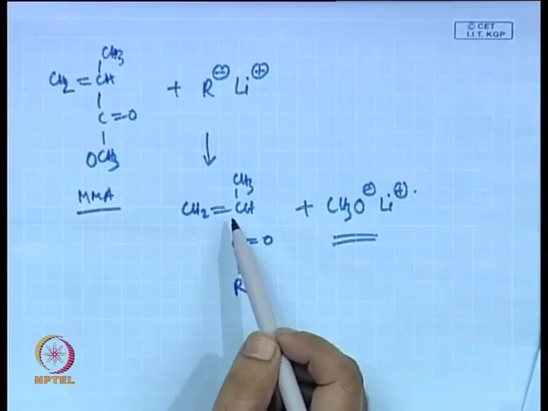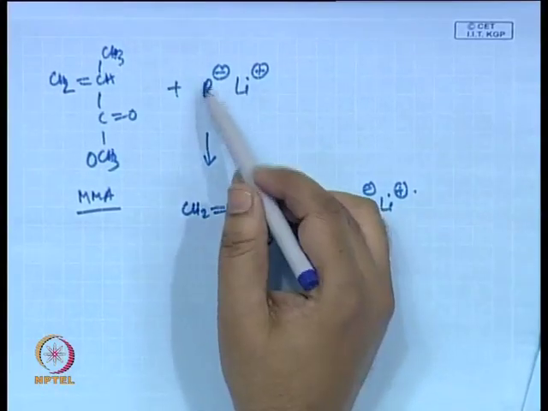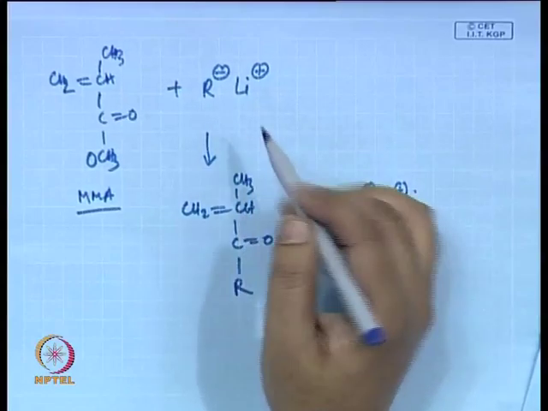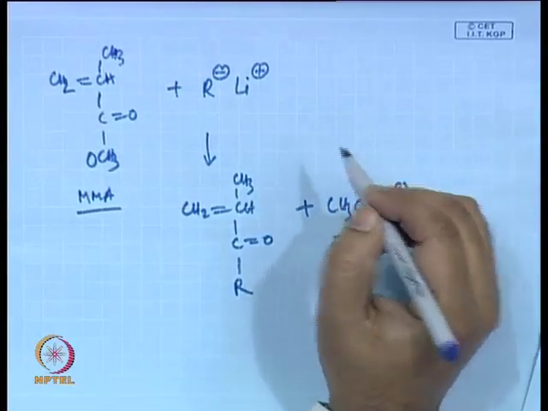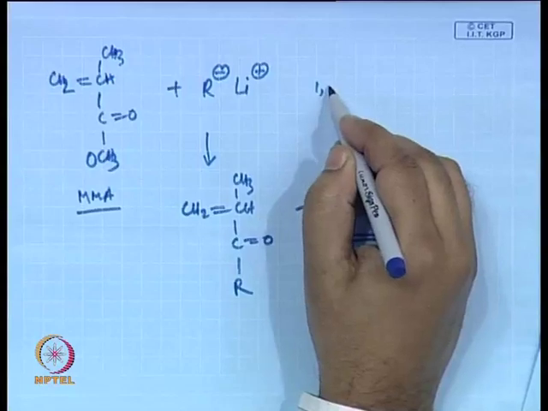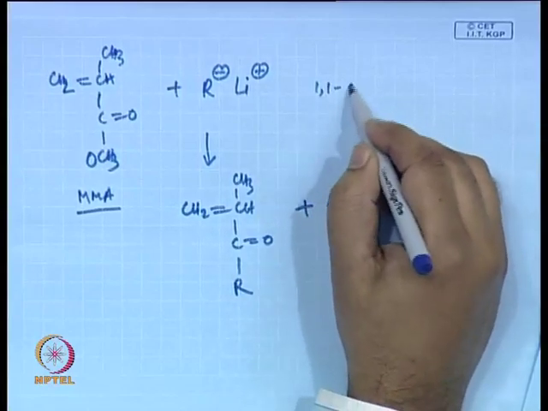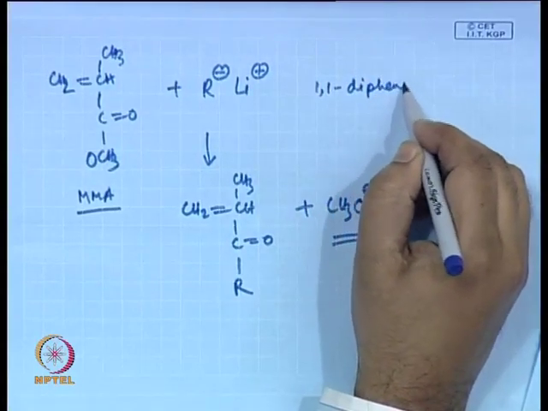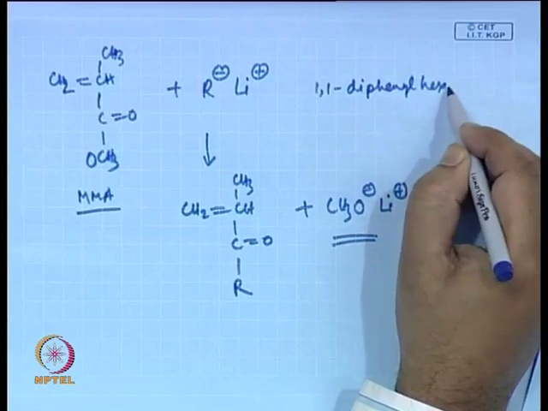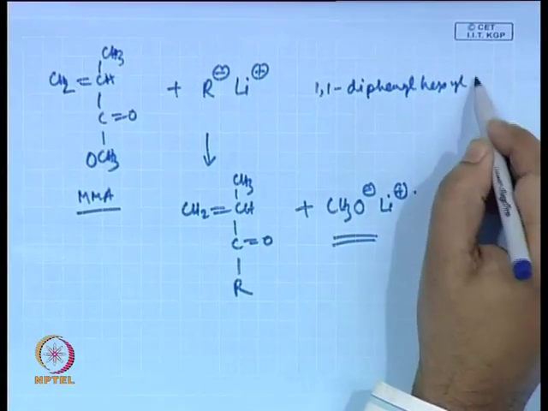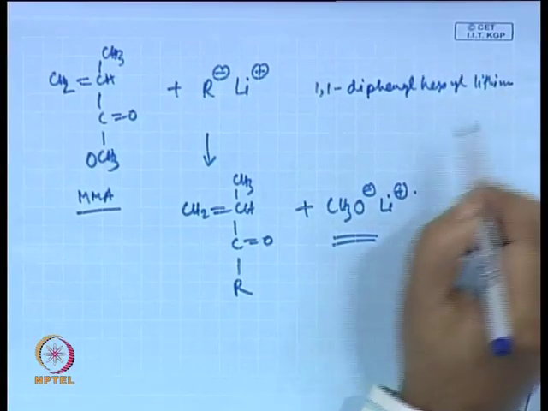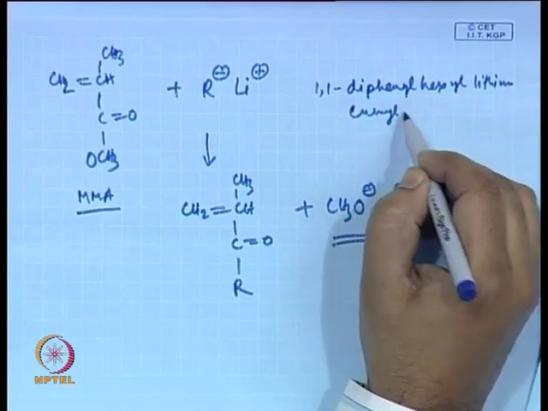For example, instead of taking butyl lithium, if you take a bulky lithium group like 1,1-diphenylhexyl lithium or say cumyl lithium.